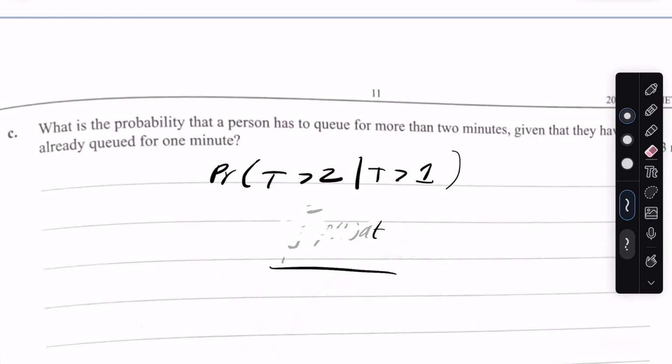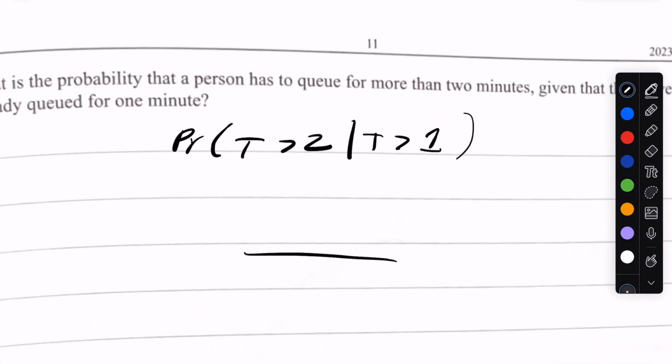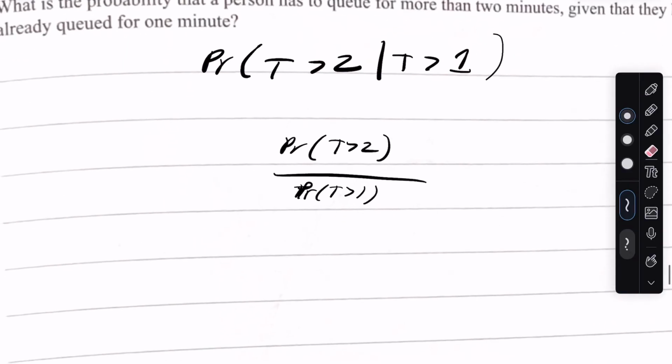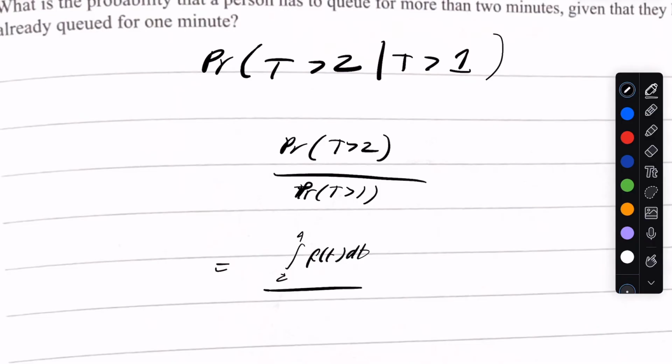That is just probability that t is greater than 2 over the probability that t is greater than 1. And that is the integral from 2 to 4 of f of t dt over the integral from 1 to 4 of f of t dt.